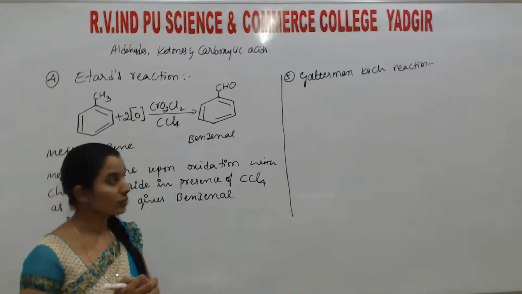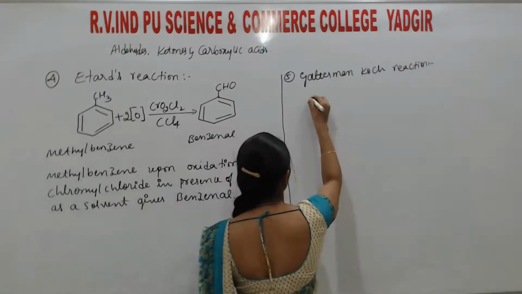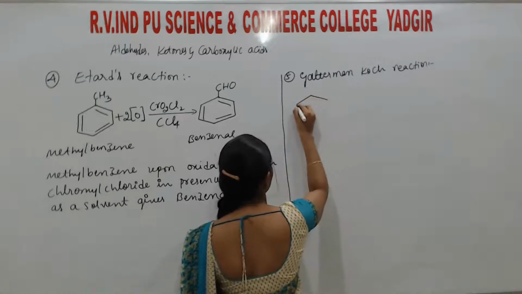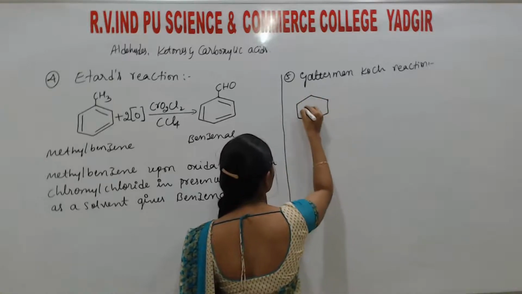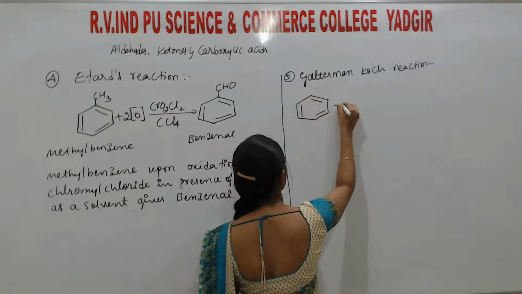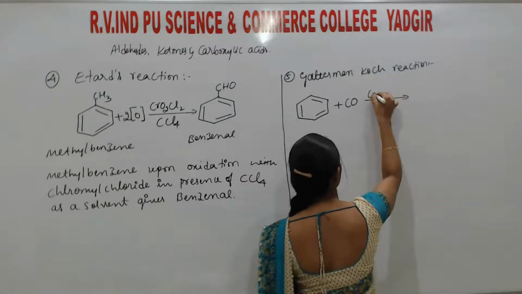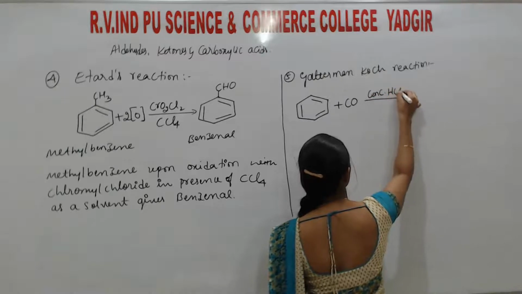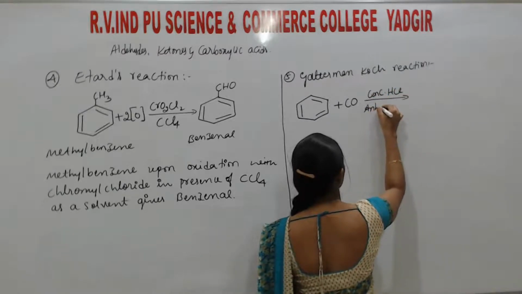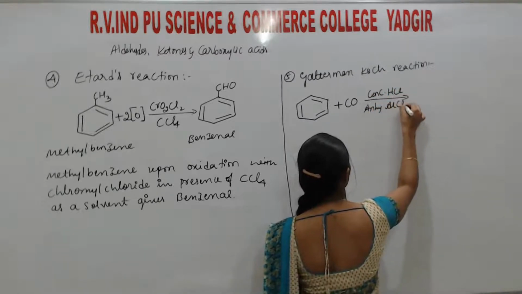Here we are using benzene. This benzene is treated with carbon monoxide in presence of concentrated HCl and anhydrous aluminium chloride.